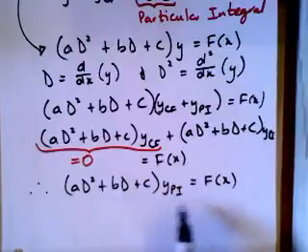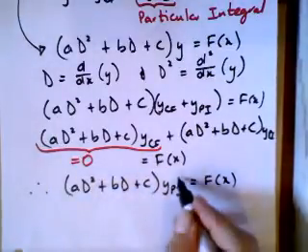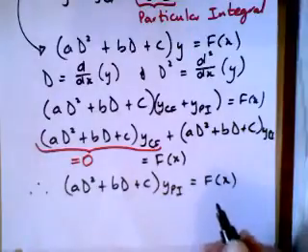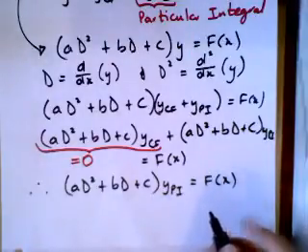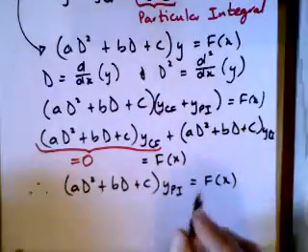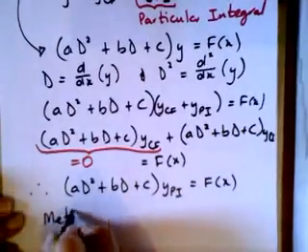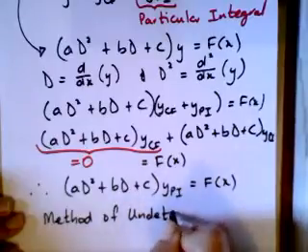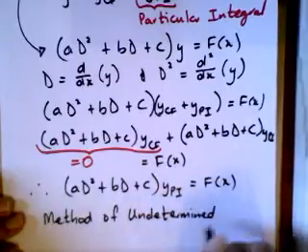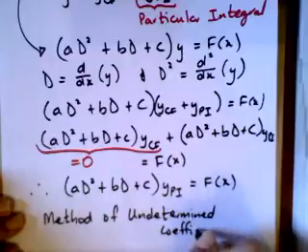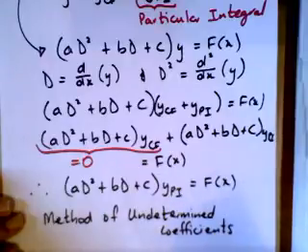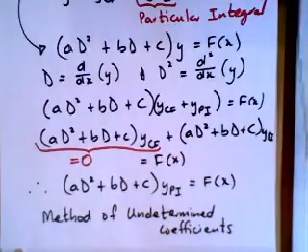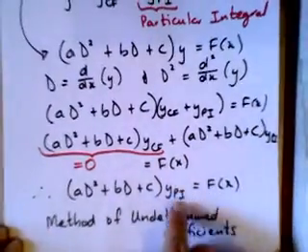And this is what we're going to use in order to find out what y_PI is. We're going to use a method called the method of undetermined coefficients. So this is the method we're going to be using in order for us to find y_PI.